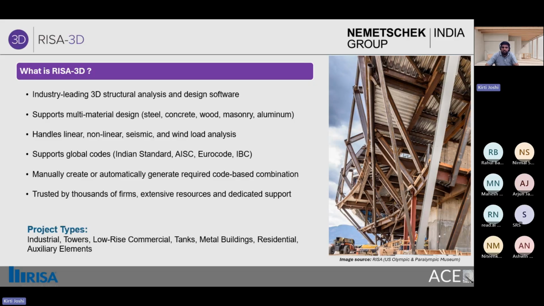You can design steel frames, either hot rolled or cold formed steel, or even concrete members, timber, or masonry walls, and you can even design aluminum members. Also, the software can perform linear and non-linear analysis as well as seismic and wind load analysis. And it follows all the global design codes as well, including the Indian standard, AISC, Eurocode, and more.